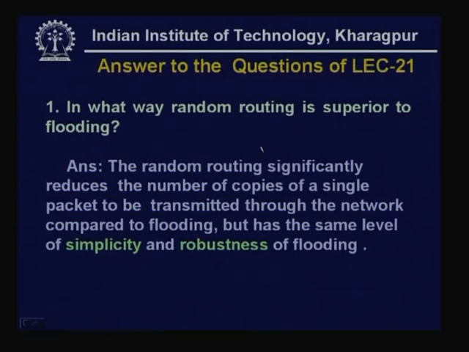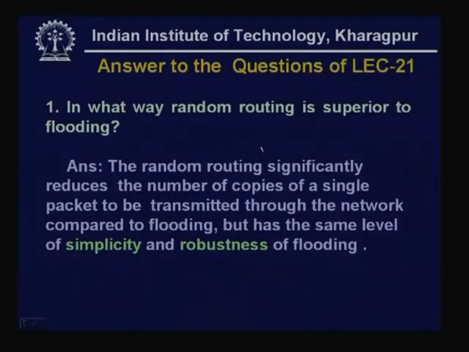Now let us give you the answers to the questions on lecture number 21. First question was, in what way is random routing superior to flooding? As we have discussed, random routing significantly reduces the number of copies of a single packet to be transmitted through the network compared to flooding, but has the same level of simplicity and robustness as flooding.